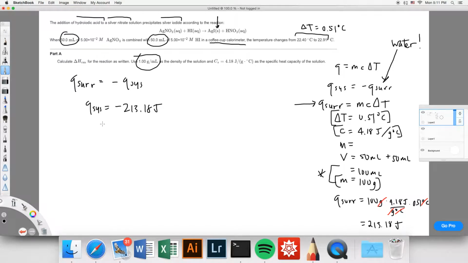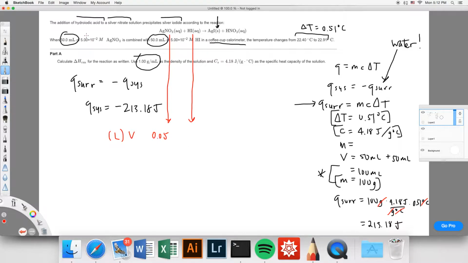Right, but that's just the joules for this reaction that we have here. We want to know the number of joules per mole of that reaction. So in order to calculate that, let's go to a different color here, and let's set this up as a table. We've got 50 mL, that's my volume, and let's do it in liters. 0.05 liters. And what is the volume of my hydroiodic acid?